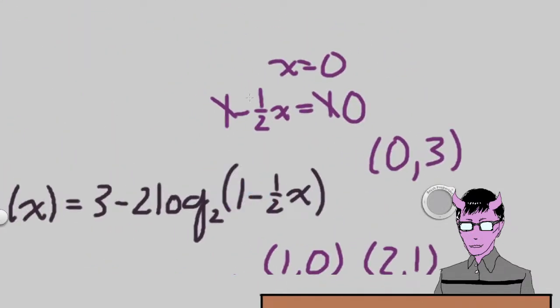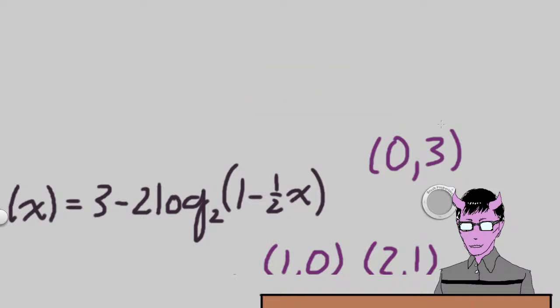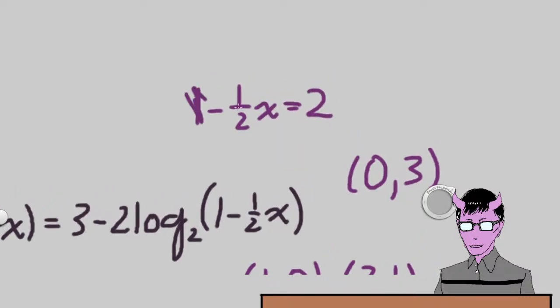And then next up, we are going to get the second anchor point. The easiest one is to force 2, so we're going to force this inside to be 2. Just do the algebra. So minus 1, divide by negative 2.